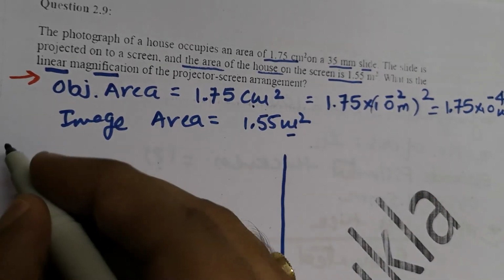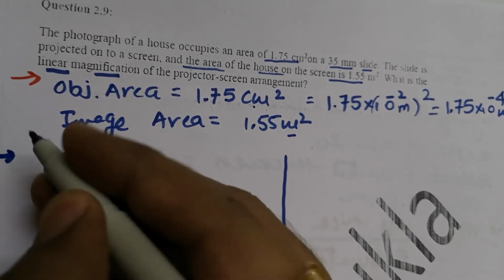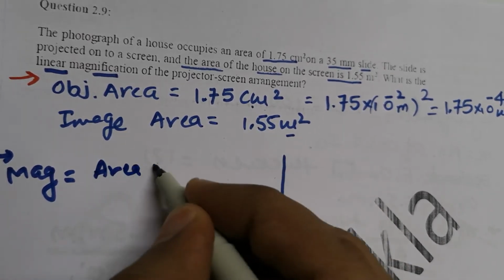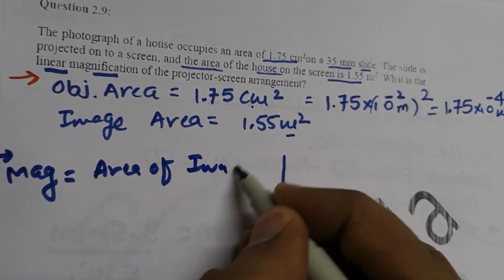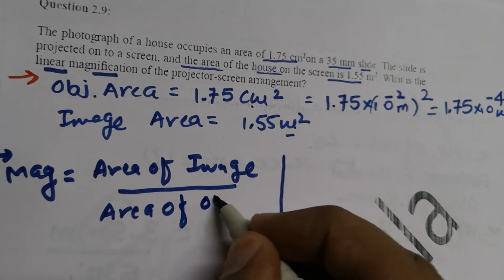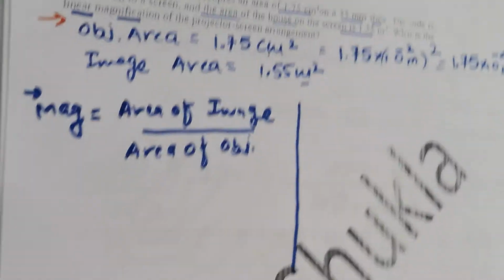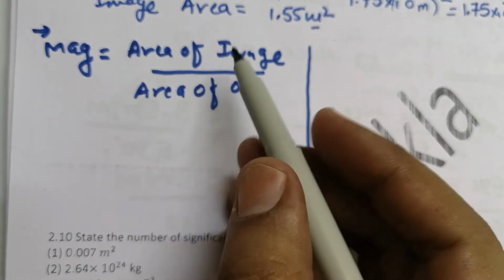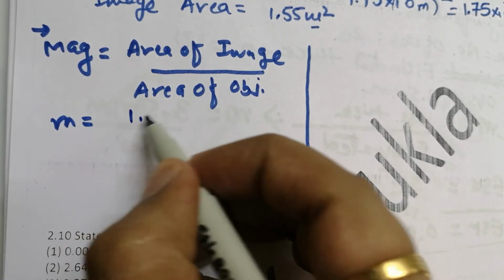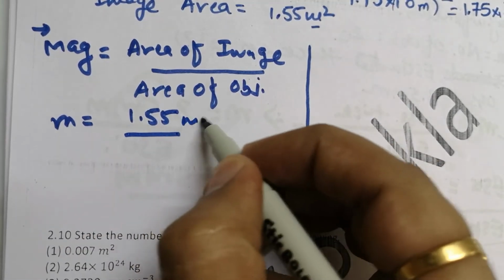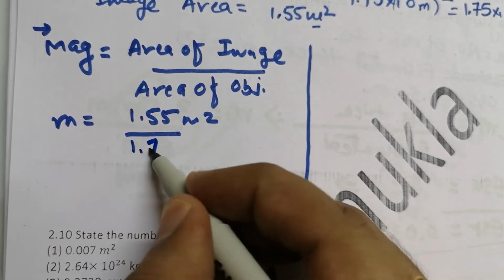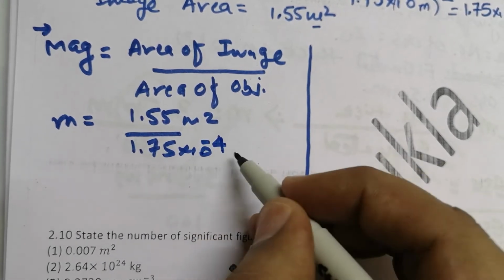In the previous example 2.7 we have already used this formula. Magnification is area of image divided by area of object. You can also remember it like that: the latest divided by the previous is called magnification. So my image area is 1.55 meter square, and my object area is 1.75 times 10 to the power minus 4 meter square.